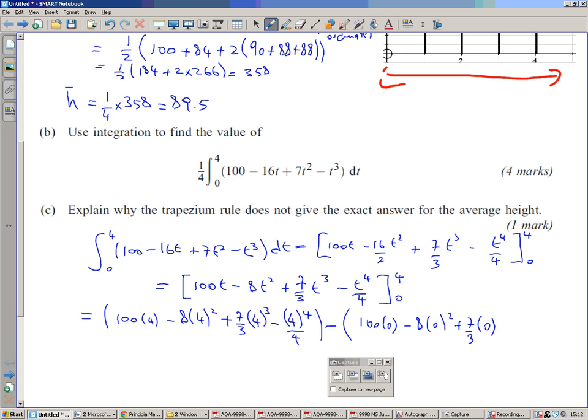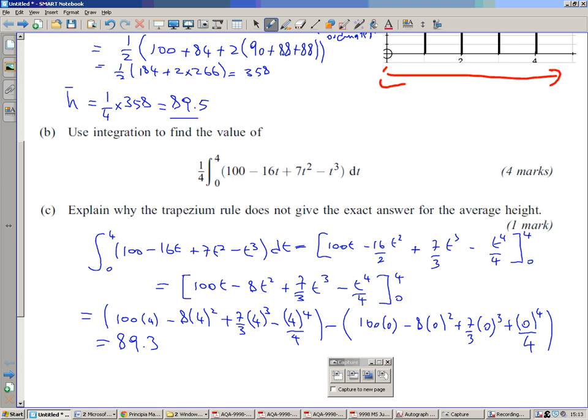You certainly wouldn't lose marks for not putting that, so long as you realise sometimes, for example, if there was an integration by parts question and you had a cos in it, cos of 0 is not 0, so it's not always 0 on this final bit here. Okay, and when you work that out, you get an answer of 89.3 to 3 significant figures.